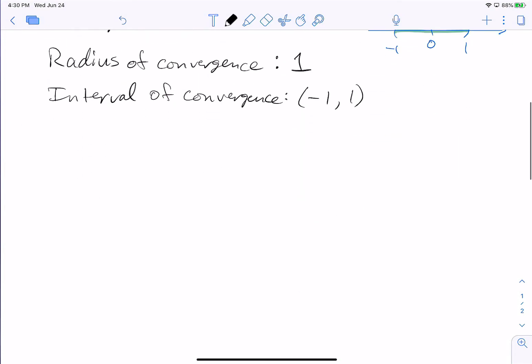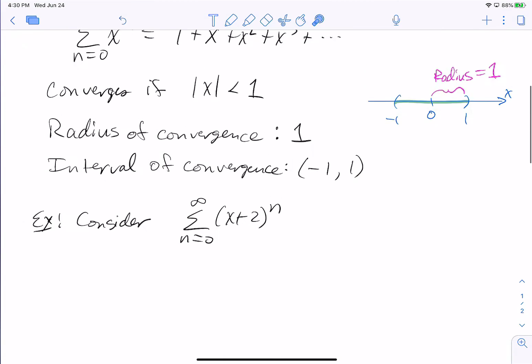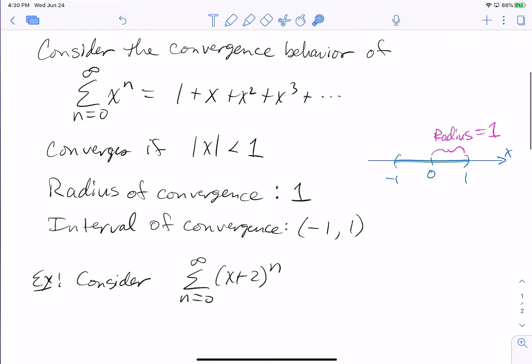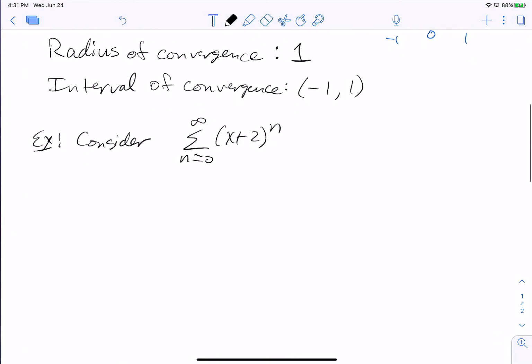For example, let's consider the sum as n goes from 0 to infinity of (x plus 2) to the n. This is what's known as basically a shifted power series. Instead of the base being x and having the expression x to the n, we have a base of x plus 2. So we have (x plus 2) to the n. This is basically shifted to the left by 2 units, just like you would shift a graph.